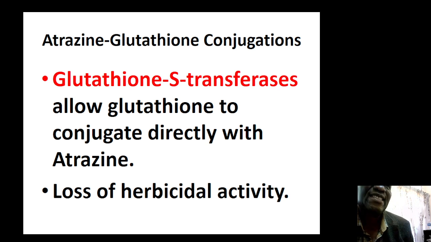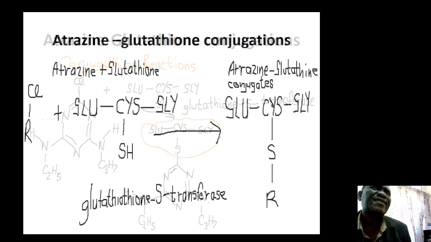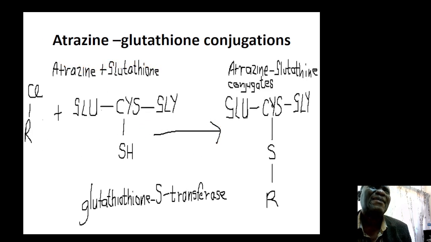As a result, there is loss of herbicidal activity, and this is why maize selectivity is achieved. So this is the atrazine glutathione conjugation showing the actual molecules, and the glutathione S-transferase facilitating this process. Again, this is the glutathione conjugation reactions simplified.